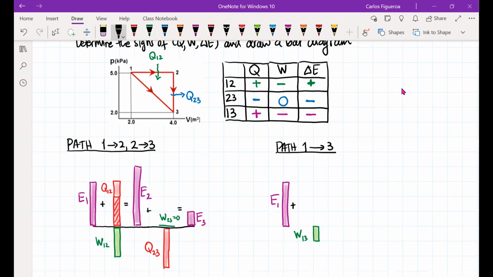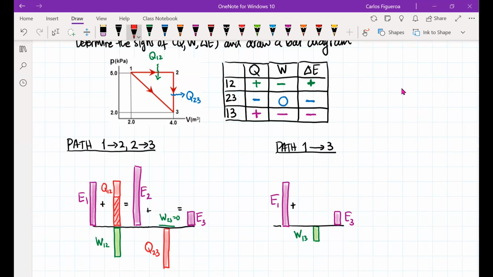So there's my bar diagram for this situation. Now, if I go over to here, we know that the heat has to decrease the internal energy. So I get to this internal energy right here. Okay, so now what do I see? Heat has to be added to the system in such a way that if I decrease that by that, ooh, I'm going to run into trouble here.